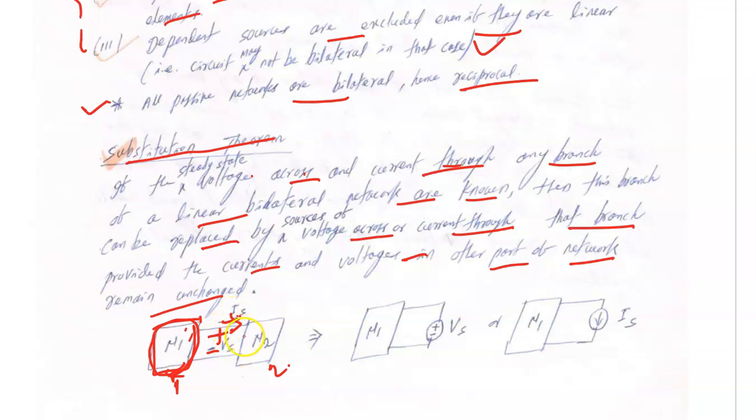I'll explain later with an example. So you can simply replace this network with a voltage source or with a current source, whatever you like.